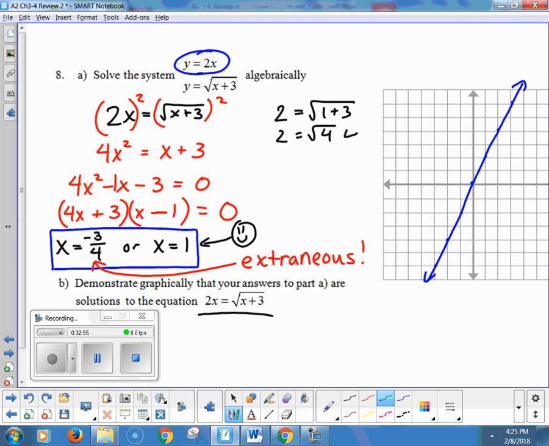And y equals the square root of x plus 3 is half a sideways parabola shifted back 3. And sure enough, these two functions intersect in exactly one spot where the x value is 1. So there's only one solution to this system of equations.